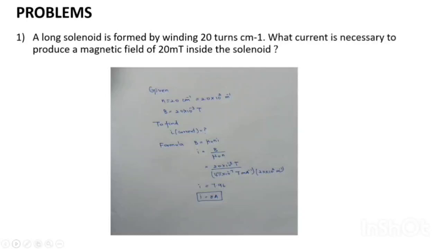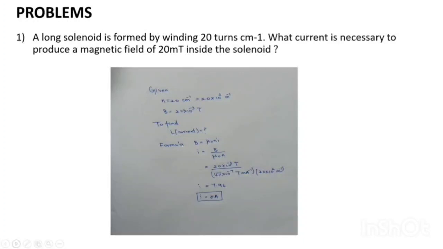On cancelling the terms, we get I equal to 7.96. On rounding, I is found to be 8 milliampere. Therefore, using the formula for the magnetic field due to a solenoid, we find the current inside the solenoid to be 8 milliampere.